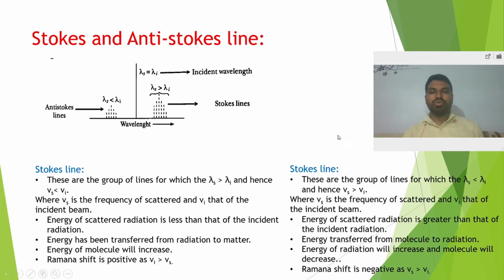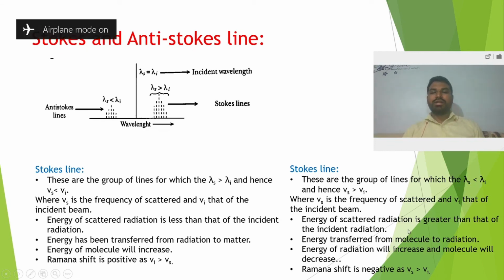Now, what is the anti-Stokes line? Here is a spelling mistake. This is the anti-Stokes line. These are the group of lines for which lambda s is smaller than lambda I, and hence the scattered frequency will be greater than the incidence frequency.